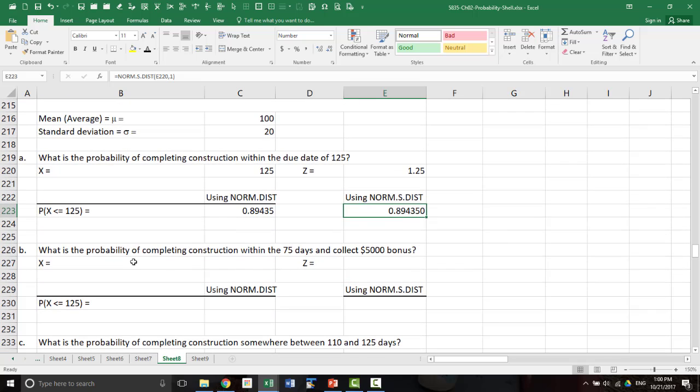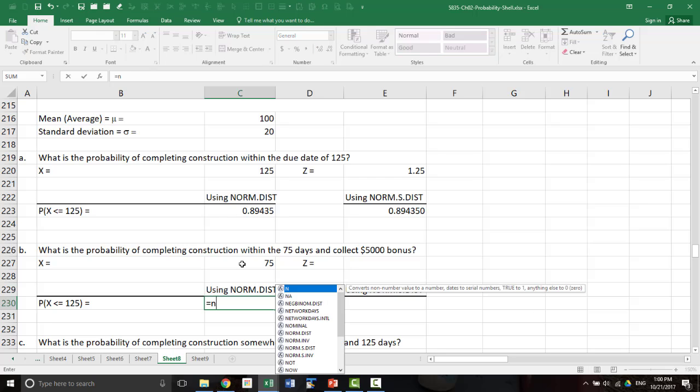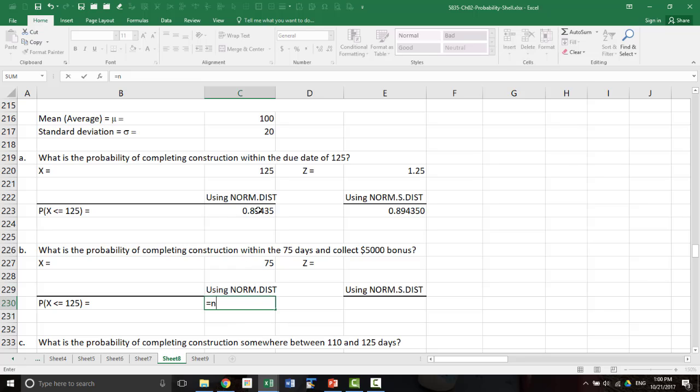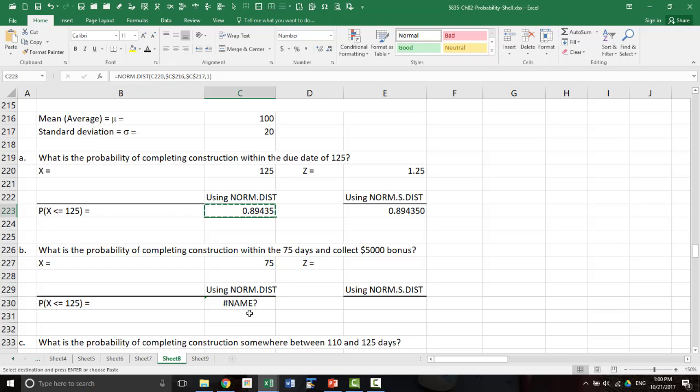So what is the probability of completing the project within 75 days? Within 75 days is cumulative probability. You don't care whether z is positive or negative. So all we have to do is to do a norm.dist. Now I can copy that formula because I have absolute references. So that's the probability.